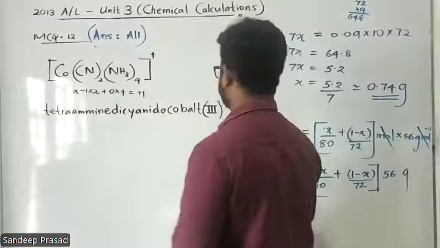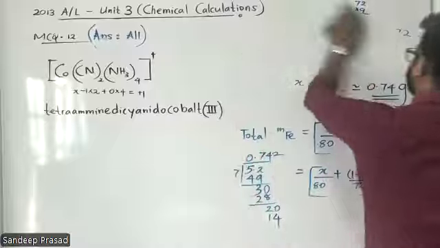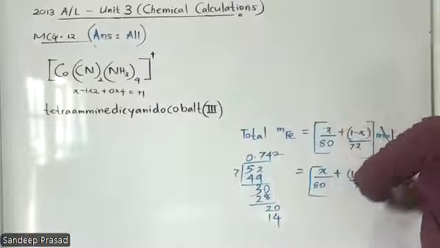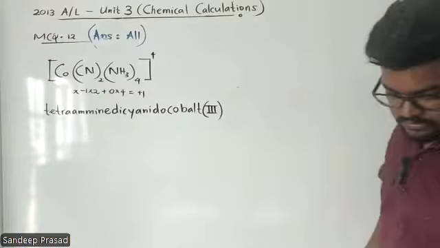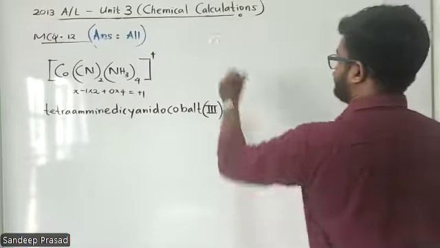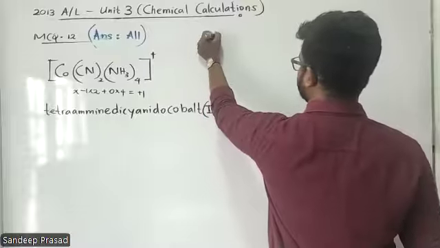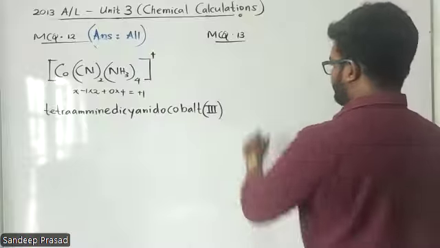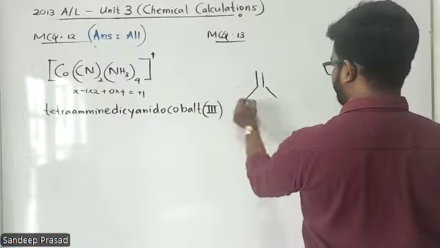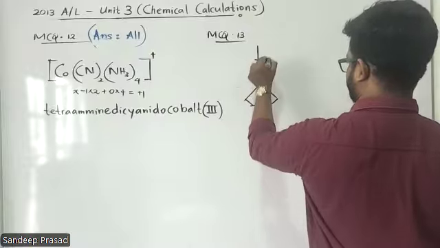Now look at this one. MCQ number 13. So they have done the titration between Fe2+ and dichromate.